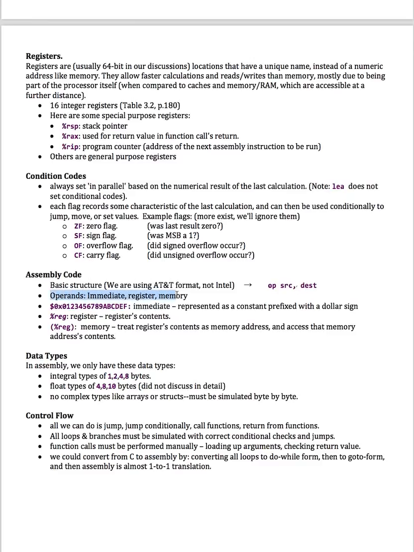The operands, in other words source and destination, can be either immediate, register, or memory. One example of an immediate is a constant, represented as a constant prefixed by a $ sign. This could be either hex or decimal or whatever.